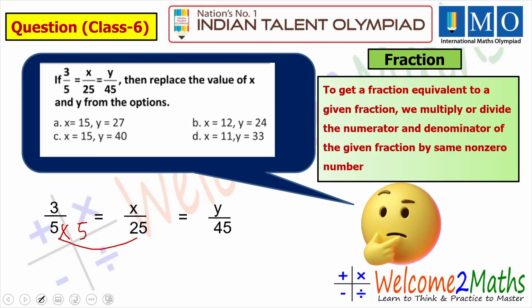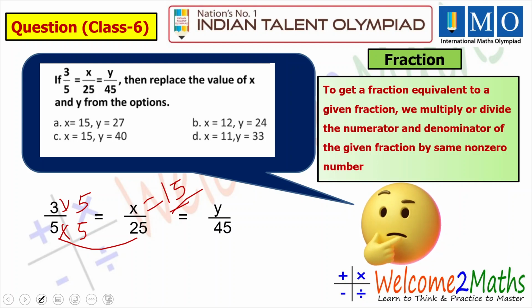So we have to multiply 3 by 5 also, because 3 is our numerator, and to find the equivalent fraction we have to multiply the denominator and the numerator by the same number. So 3 into 5 is 15. So the value of x is 15. Okay, so we got our first answer, x is equal to 15.